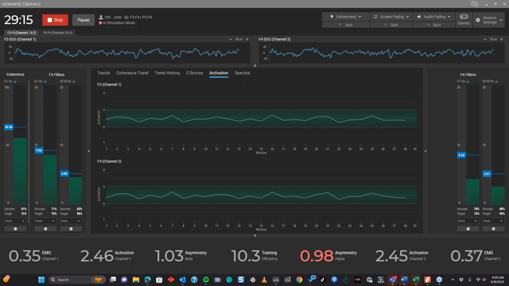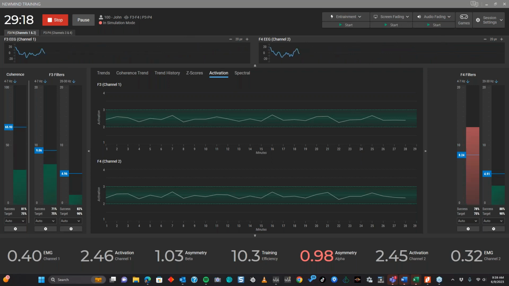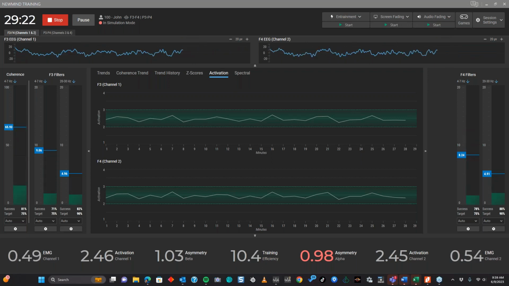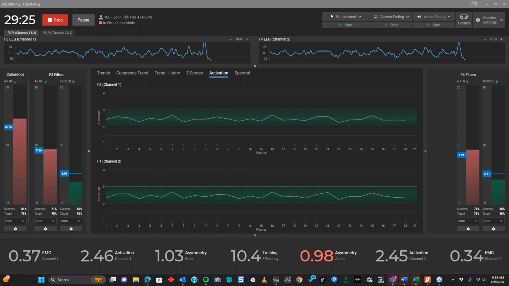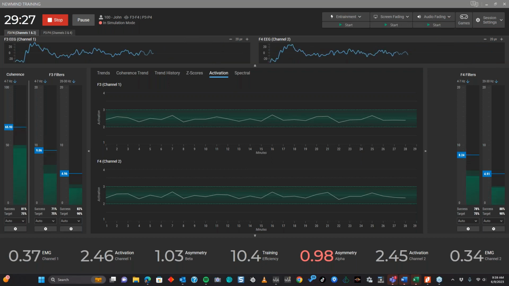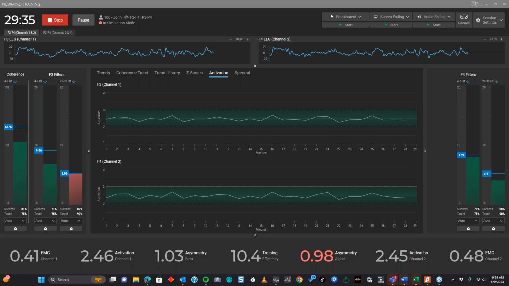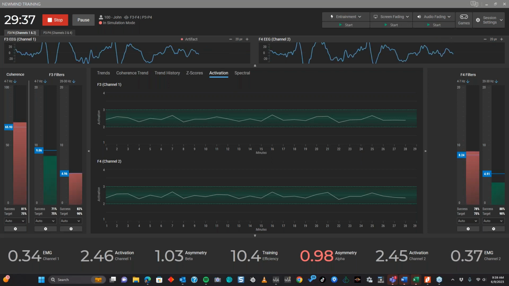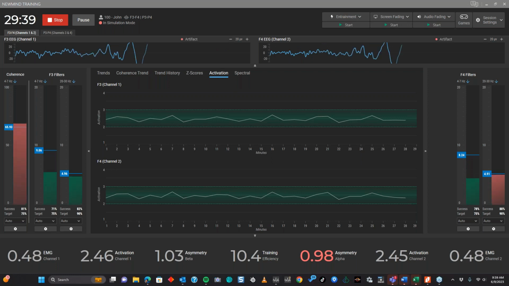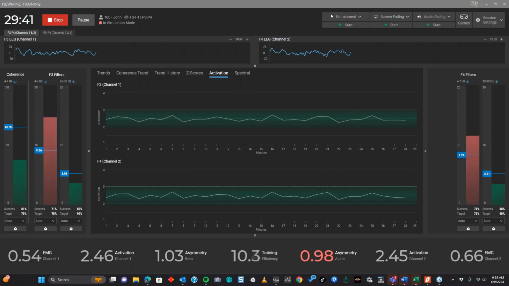So, one of the questions on activation that was posed in that email was about compression versus activation. Keep in mind we can't show compression right now because we're running a session, so we can't see the performance screen.